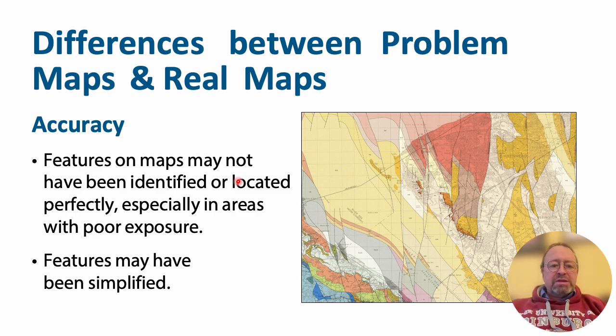And what this means is that sometimes features have been simplified. This is an example here where they show onshore and offshore geology. And of course offshore we don't have great access, so these are quite simplified. They're essentially good guesses, and that's all we have to work with.